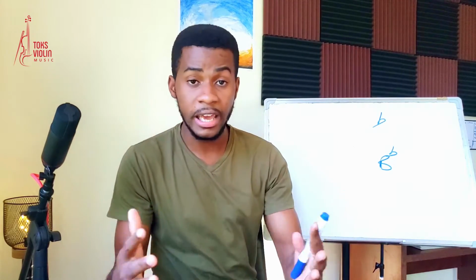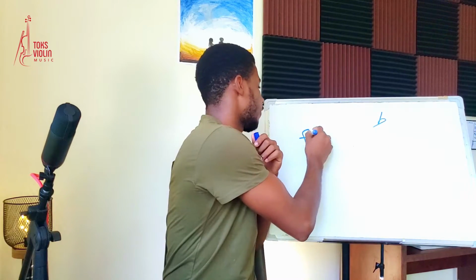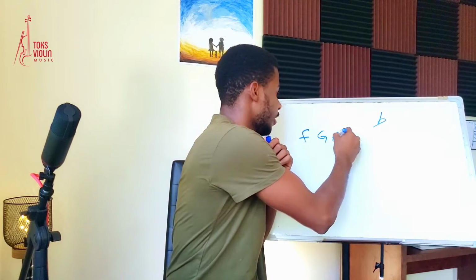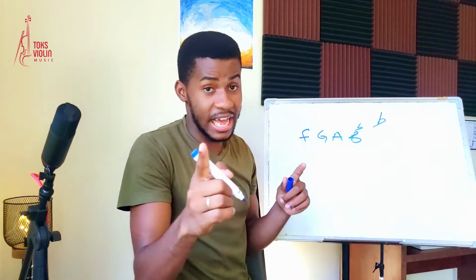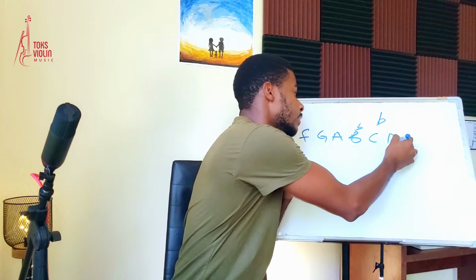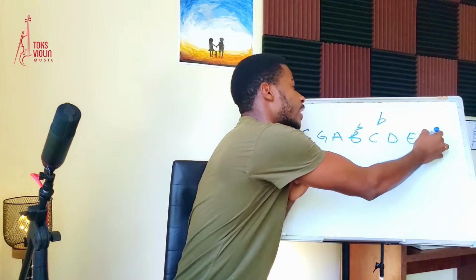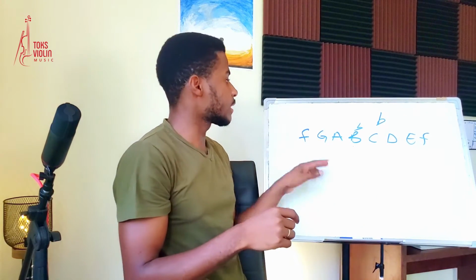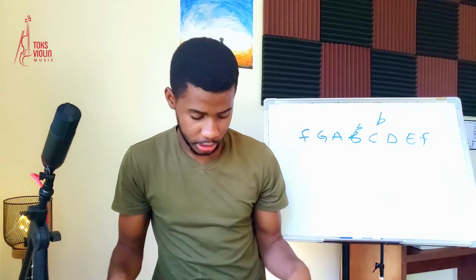After we've mastered these notes, after we've gone over them a couple of times, I'm going to give you cool patterns we're going to use to practice them. So we have F, G, A, B flat. Remember I said the B is going to have a flat to it. Then we have C, D, E, and then we're back to F. This is an example of an F major scale.